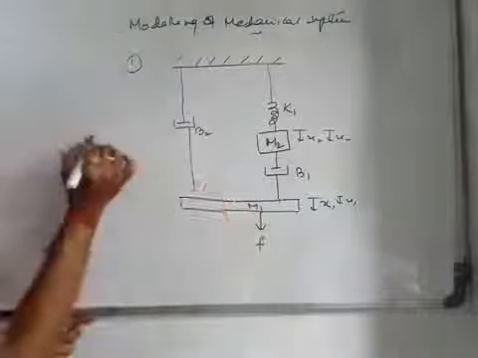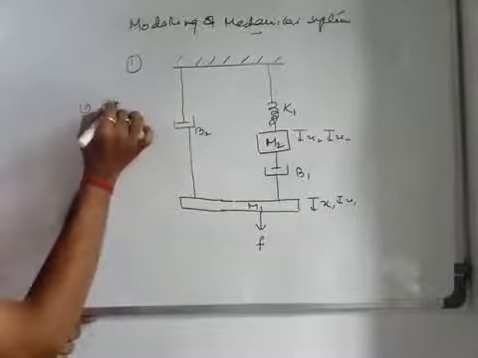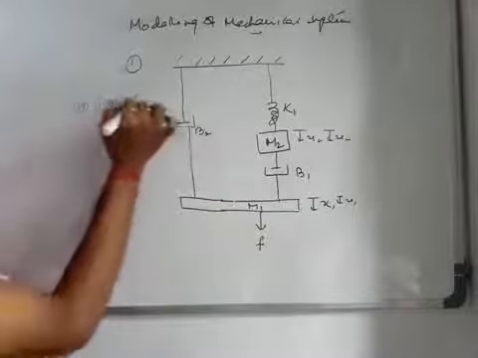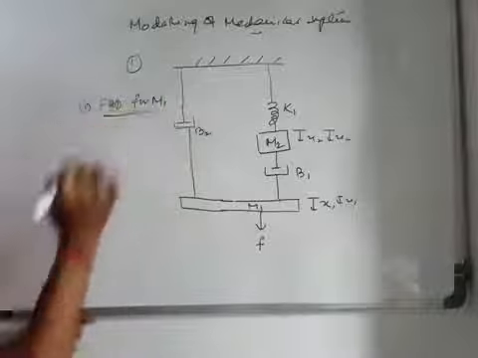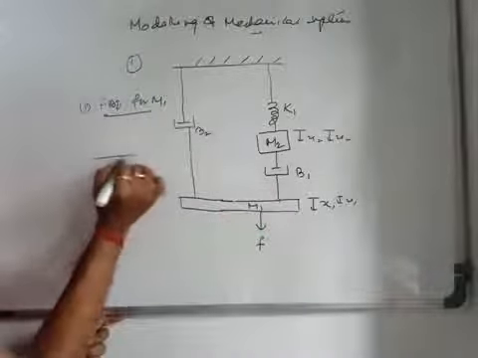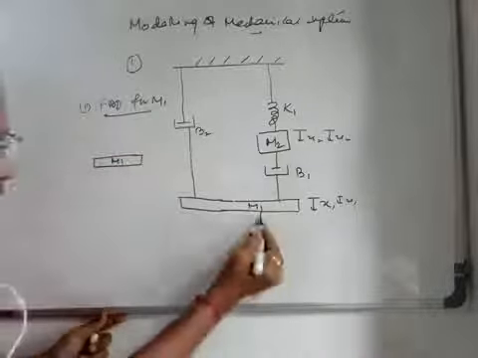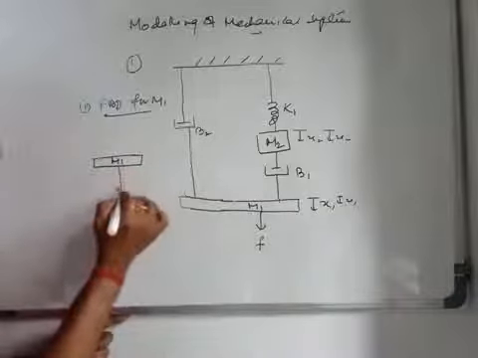Number one, you see, FBD for mass 1. How to write it? Simple. This is your mass m1, and this force is acting here, right?